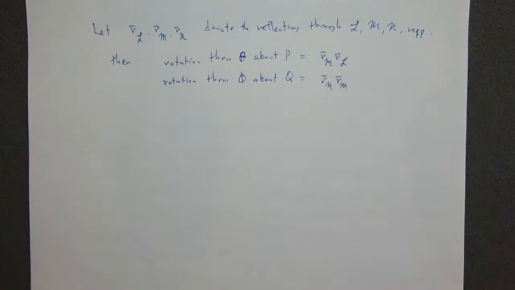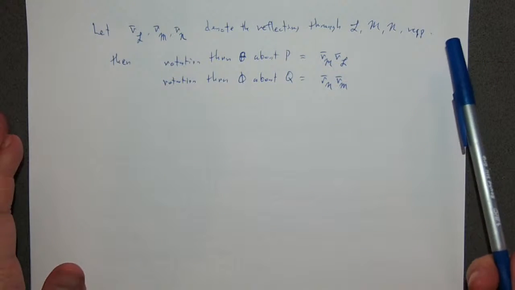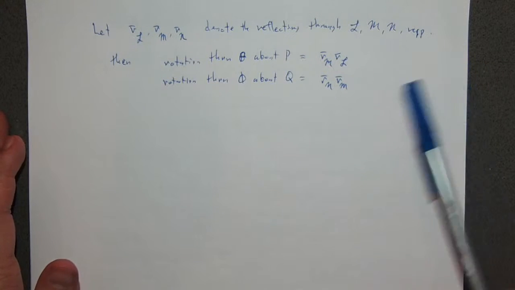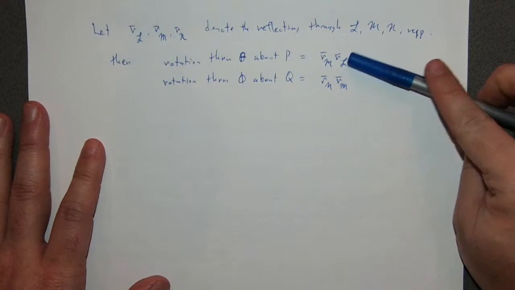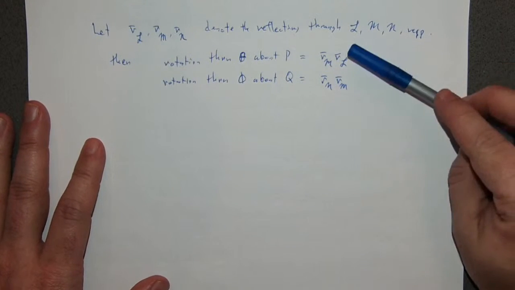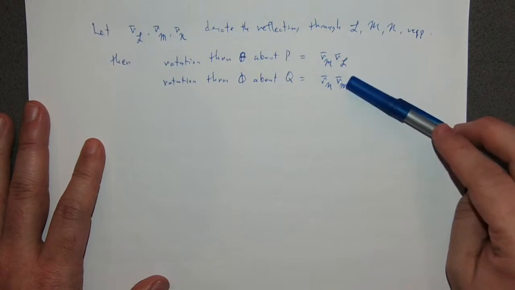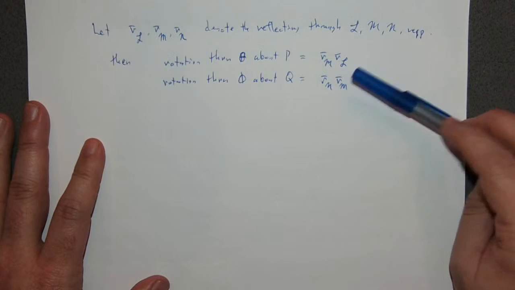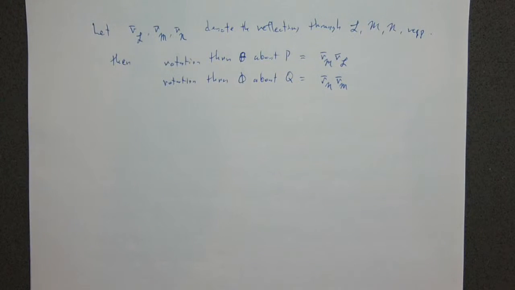It's always tricky. This is function composition, and so if you're thinking about how this acts on your space, then it's acting from right to left, so the one that's written on the right acts first, right? So this would be reflection through L, then reflection through M. That would be this product. This would be reflection across M, and then reflection across N.